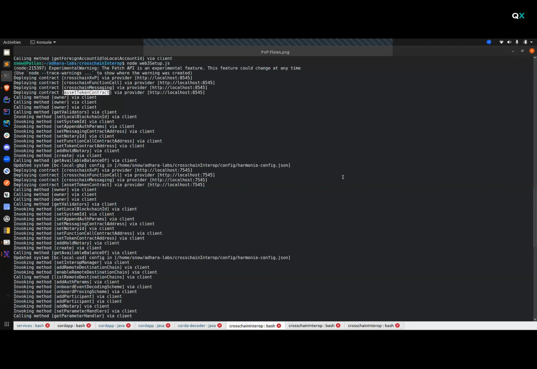And then the asset token contract is a watered-down version of Adhara's contract. It is different from ERC20s in that it allows you to create a hold on an asset, not just transfer tokens between 2 accounts, but first place a hold and then execute the hold. You can also cancel that hold.